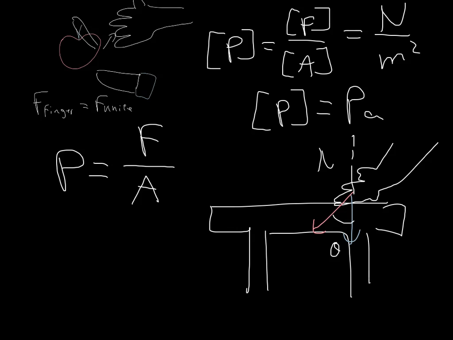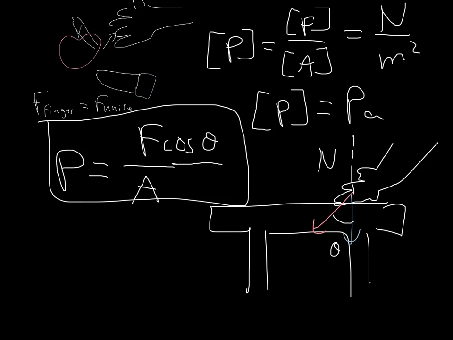Yep. So if I call this angle theta, the pressure that I'm doing really is not F over A, but it's F times the cosine of theta. Remember, the projection horizontally, it's the cosine, it's like the shadow. F cosine theta over A. And I think you didn't do this in the IGCSE. So this is a little modification that we need to include in our pressure to take into account that the direction in which I do the force matters.